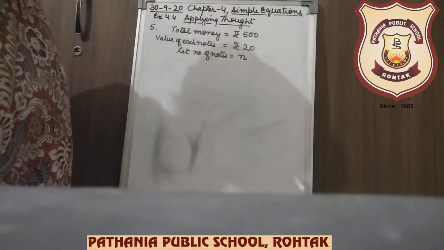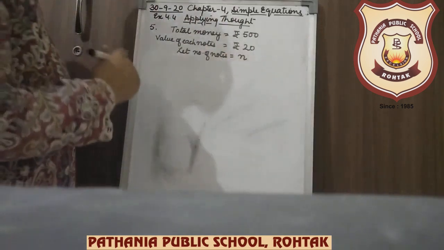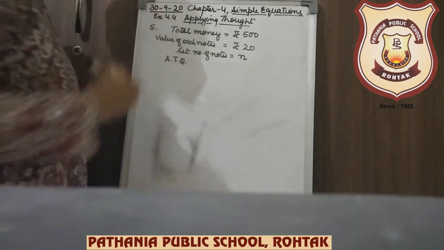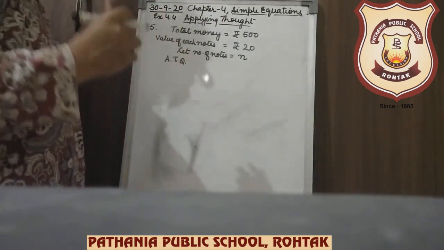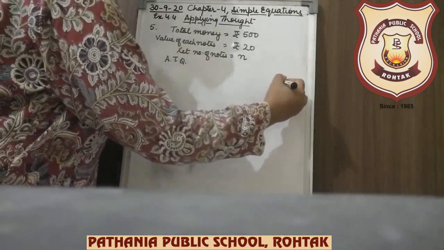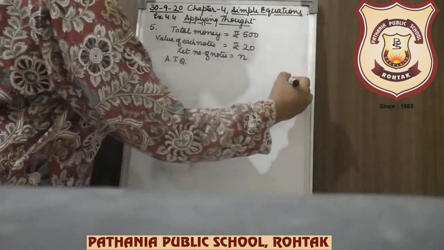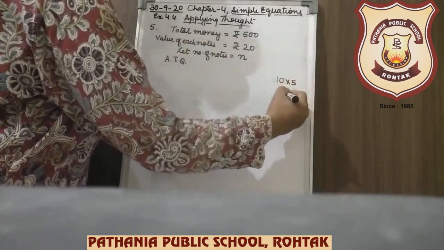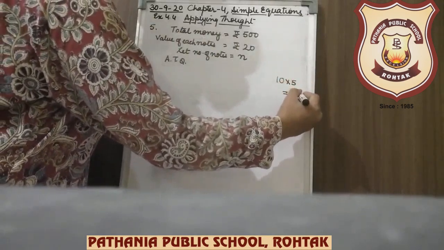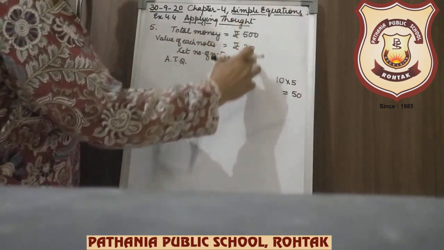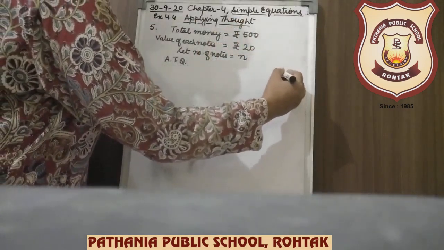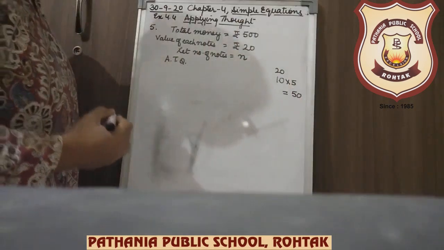I am taking it as n. So now according to question, now if I have 10 notes, each value of 5 rupees, how many rupees I will have? 50. Now here is the same question. You have 20 rupee notes.